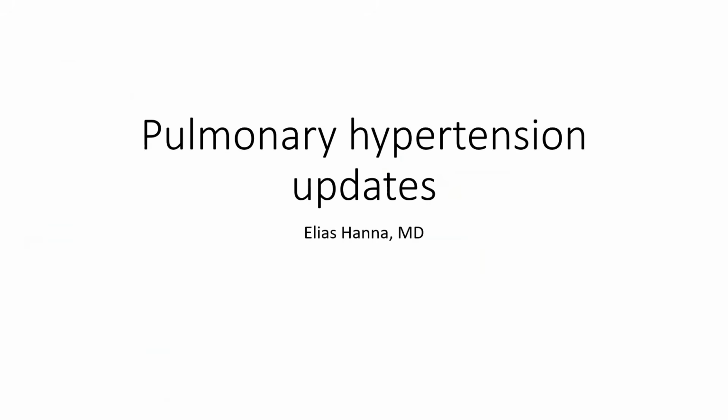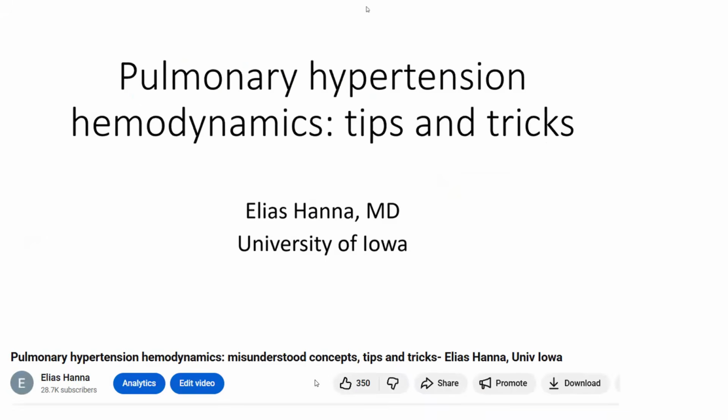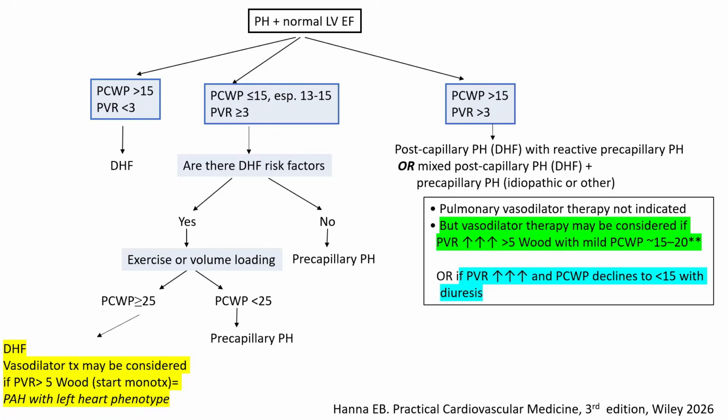I want to give some updates regarding pulmonary hypertension, and I strongly recommend that you review my prior talk on pulmonary hypertension, hemodynamics, and tips and tricks. For this talk, I will give at the end reminder and updates regarding the three hemodynamic types of PH, namely the postcapillary PH, the precapillary PH, and the combined pre- and postcapillary PH.